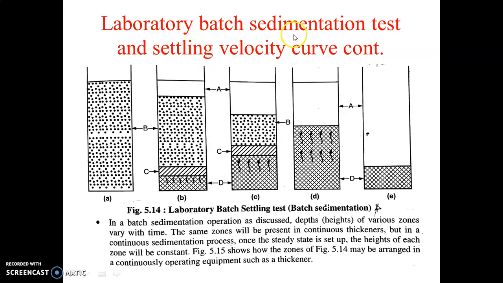At the end of today's lecture I discussed how to carry out the laboratory batch sedimentation test in a lab, and what the different zones are when we keep this cylinder as it is. All this process is a gravity settling process, and it is used for the design of sedimentation equipment. Thank you. The remaining part we will discuss in the next lecture.